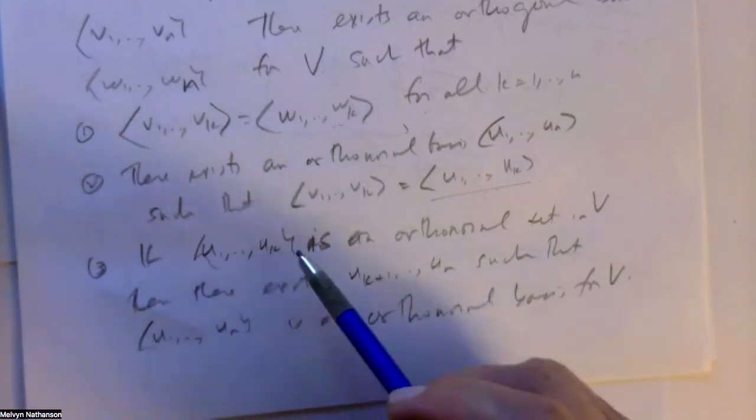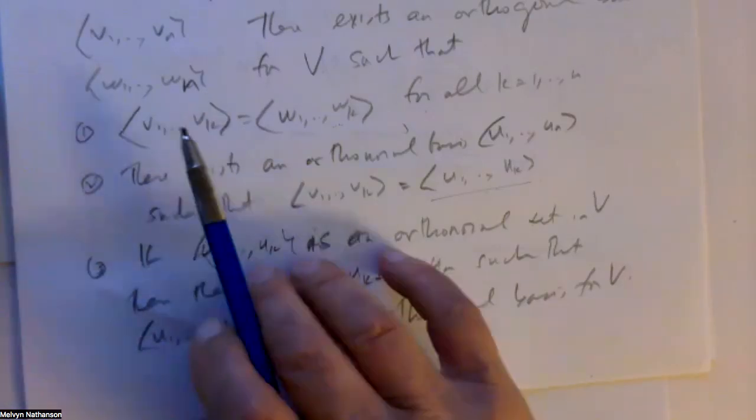Moreover, if you have an orthonormal set in V, you can always take any other vector not in that set. You can find a U_{k+1} of length 1 orthogonal to these, such that U_1 up to U_{k+1} generates this one-dimensional larger subspace. And you add vectors one by one until you get a basis for V. So the only substantial part of this is to prove the first statement.